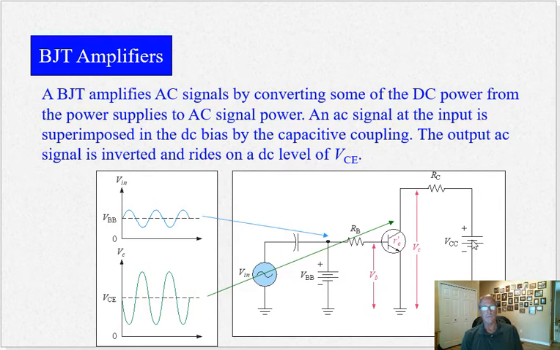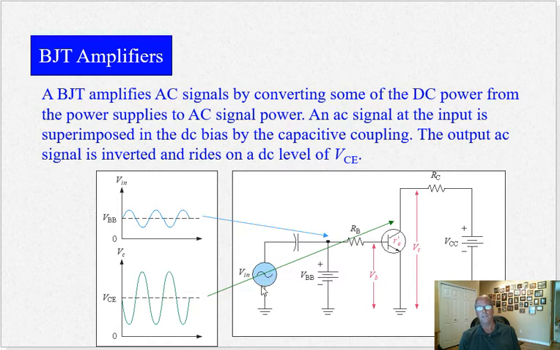Okay, here's an amplifier. So here we have a sine wave feeding this NPN transistor. Okay, so we have a small sine wave at VBB. It's imposed on the base supply voltage here.